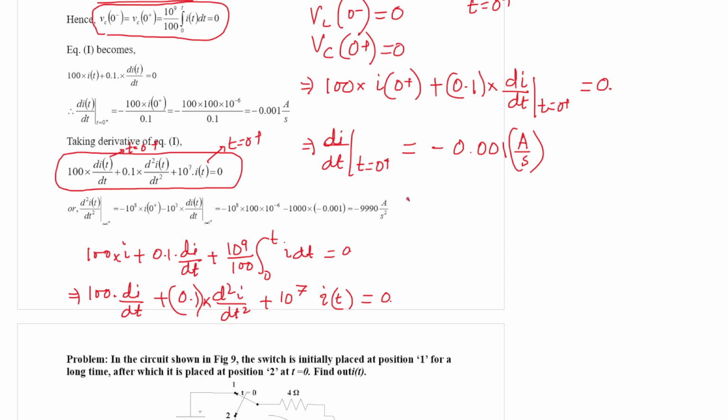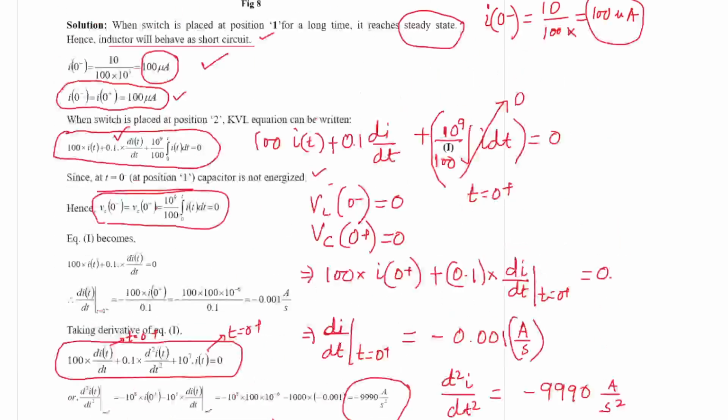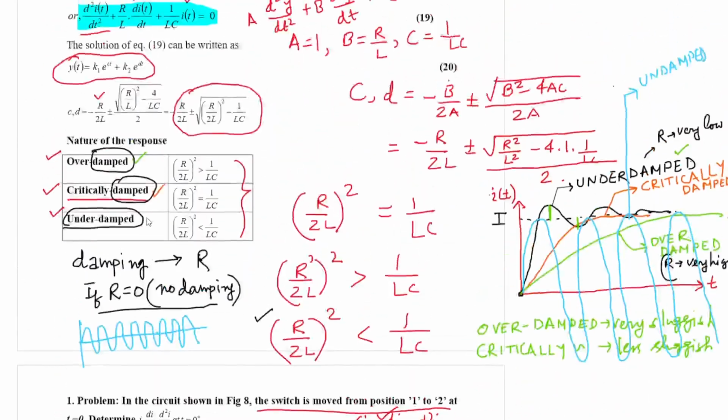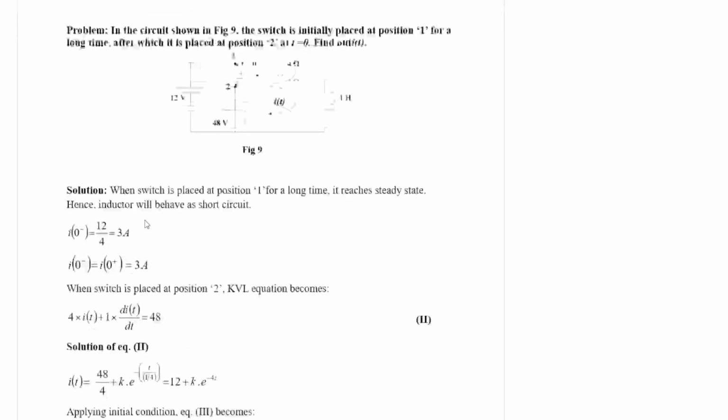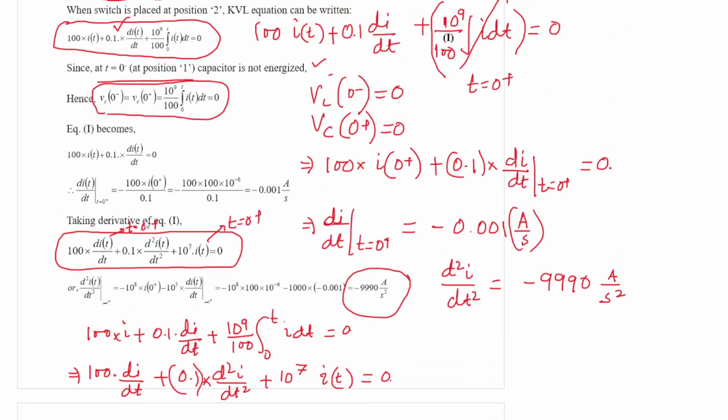If you solve this, you will get d2i/dt2 equal to minus 9990 ampere per second square. In this way we can solve for d2i/dt2 for this network at t equal to 0 plus.